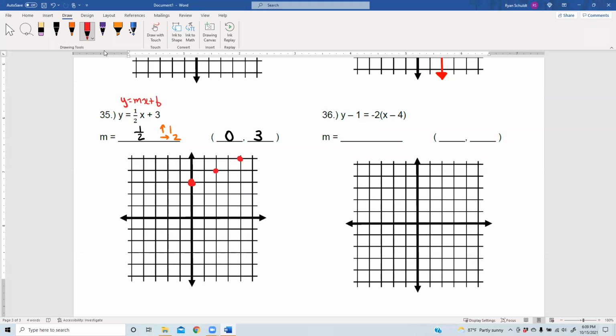I'm out of room, so I'm going to go the other direction to fill up my graph. And then I'm going to try my best to connect these points.